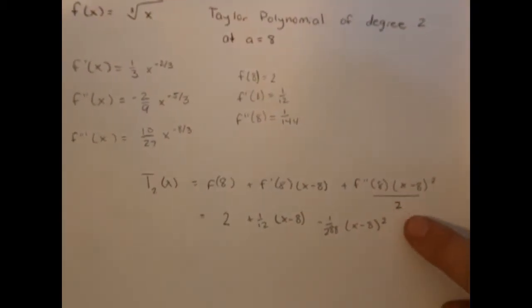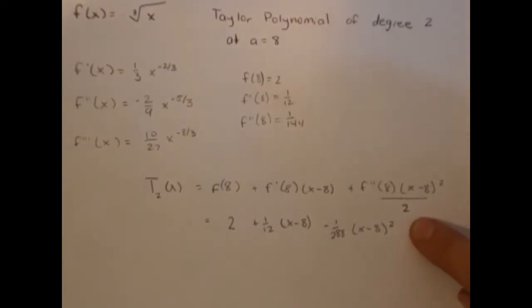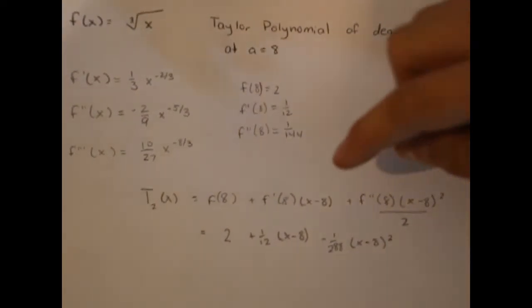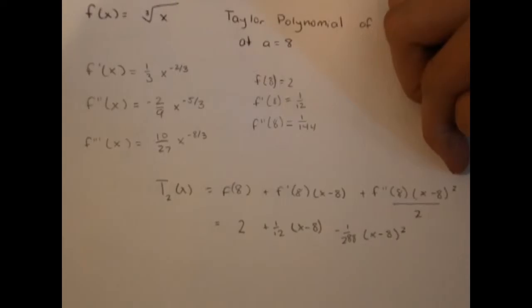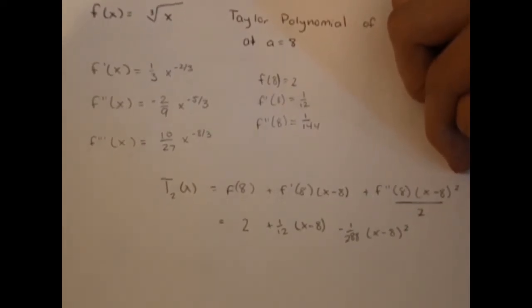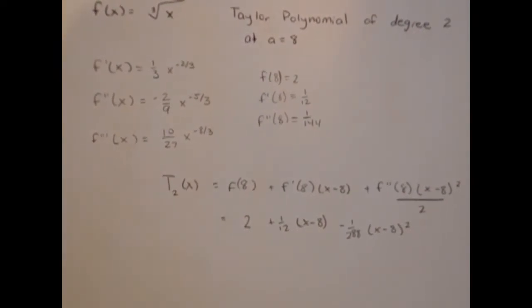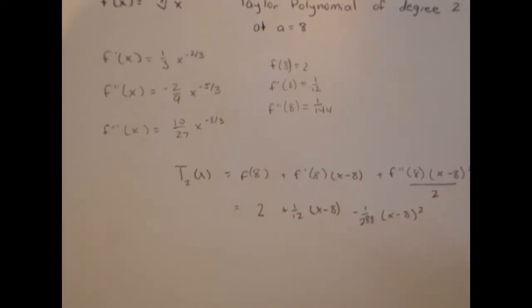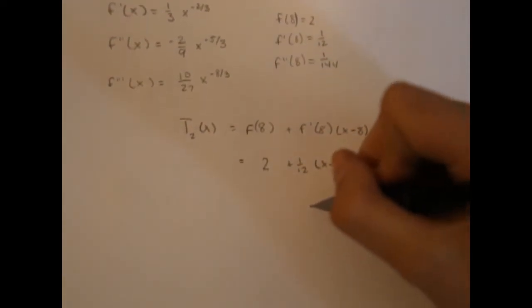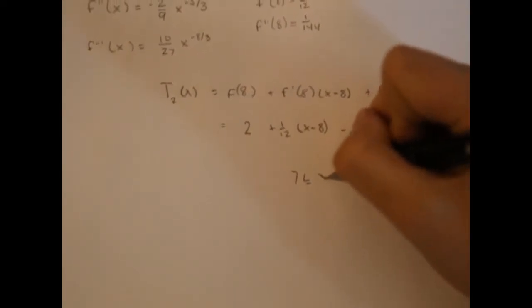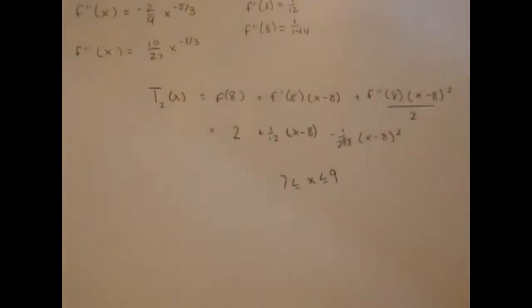If we're going to find the Taylor second degree polynomial of this equation, I already have it written out right here. And what I'm going to do for this video is find the error, when the approximation is between 7 and 9.